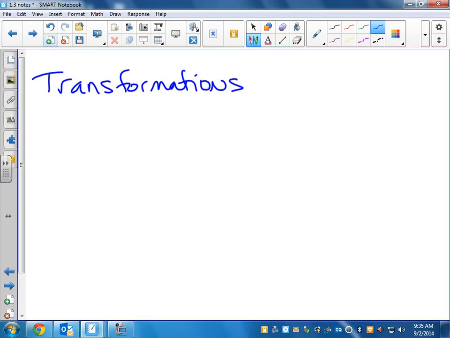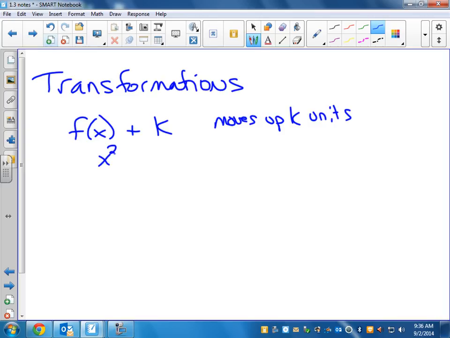So if you're going to move, let's just say if you have f of x plus k, that means a function plus a number on the outside. This means that it moves up k units. If you want a real example of that, would be like the one we just did, like x squared plus 4 would mean that that's an x squared, and then you move up 4 units.